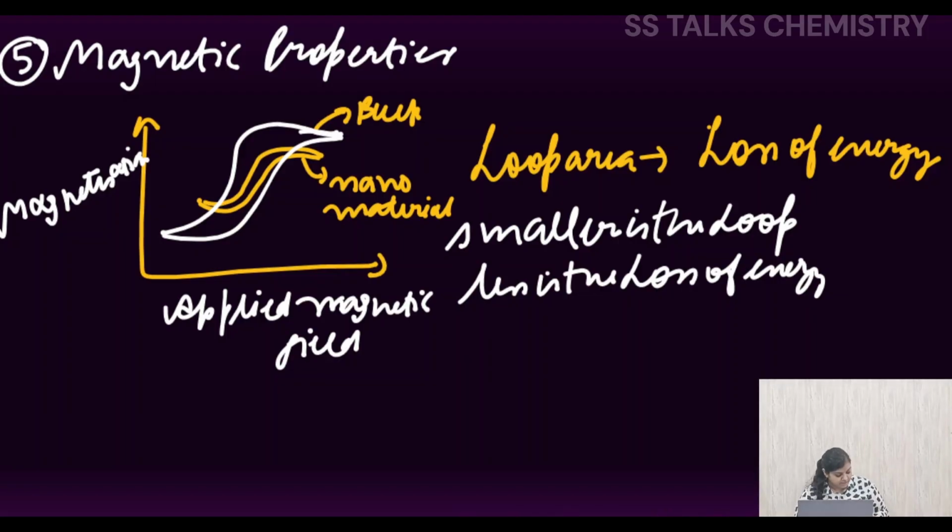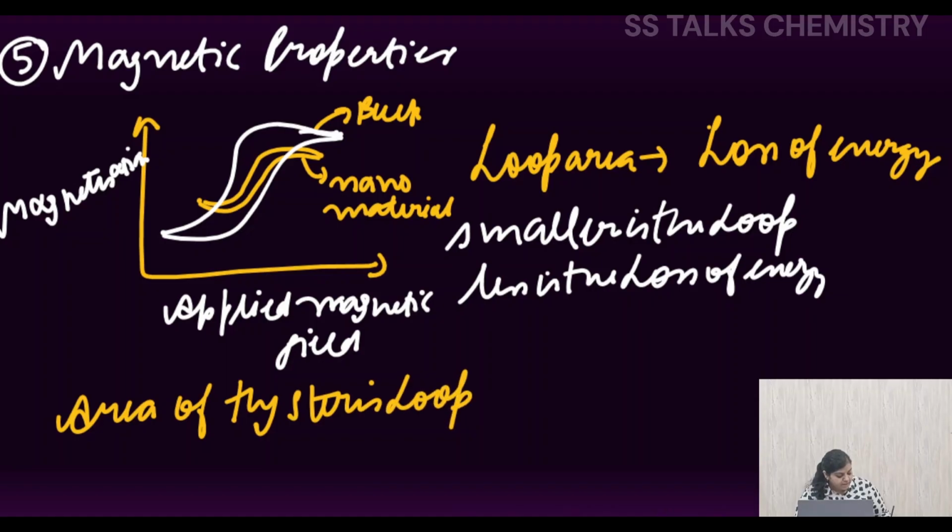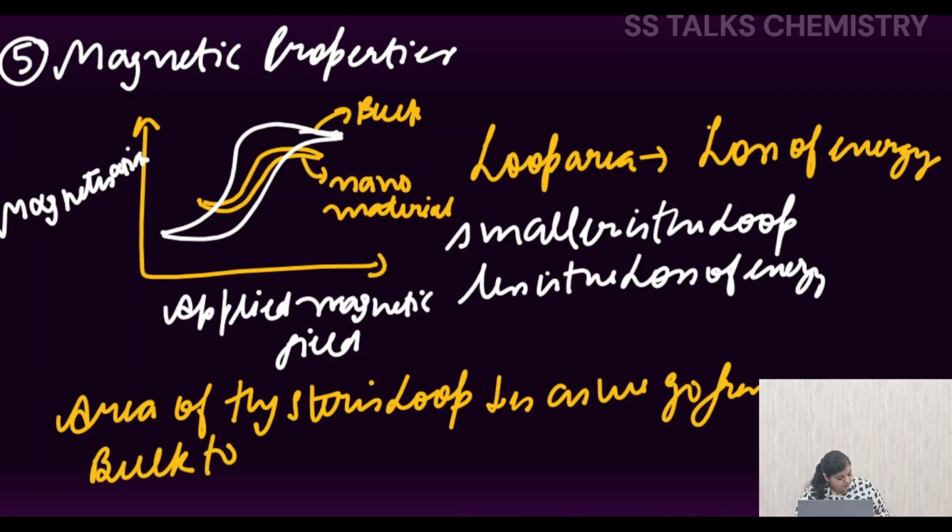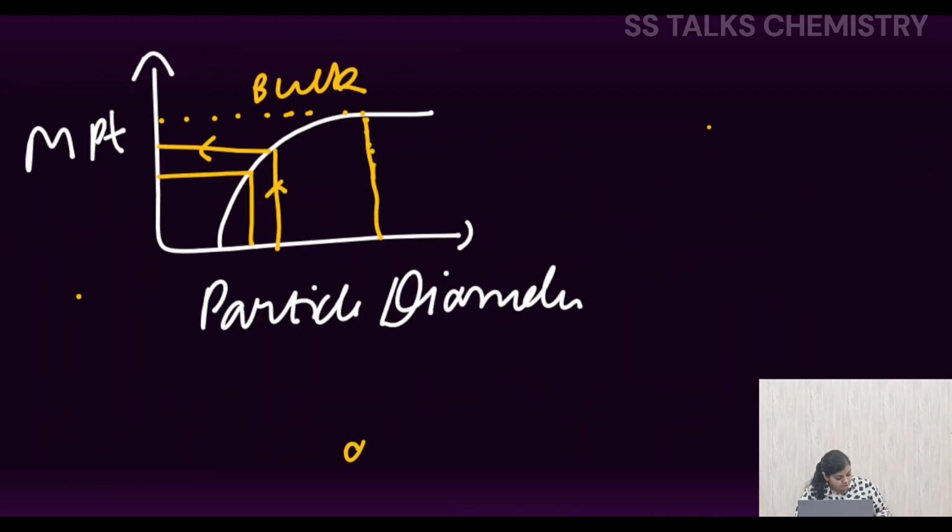Okay, so we can say that the area of the hysteresis loop decreases as we go from the bulk to the nanomaterials.